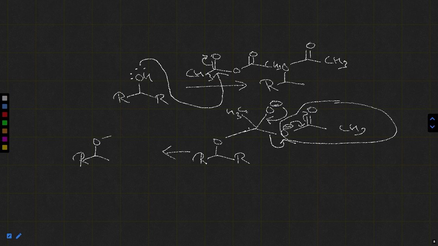And you will get RO, CH3O. Now again you have an extra proton here. This will be taken by the group that was being released.